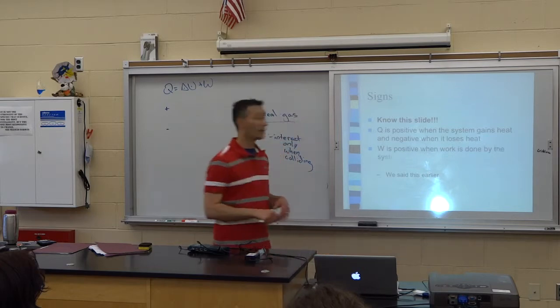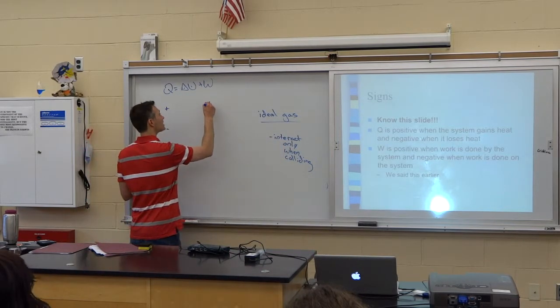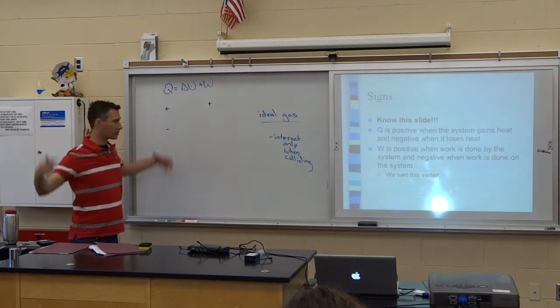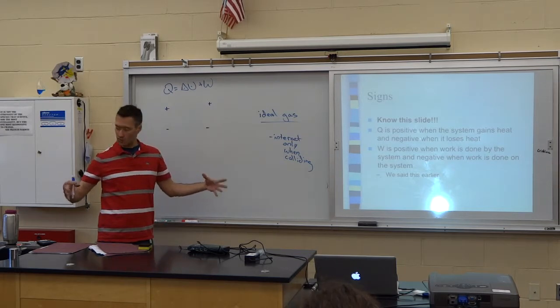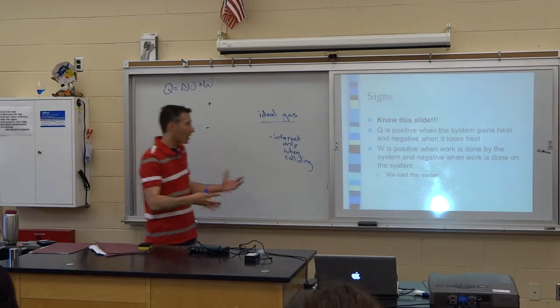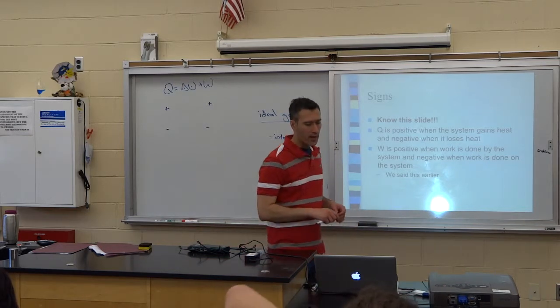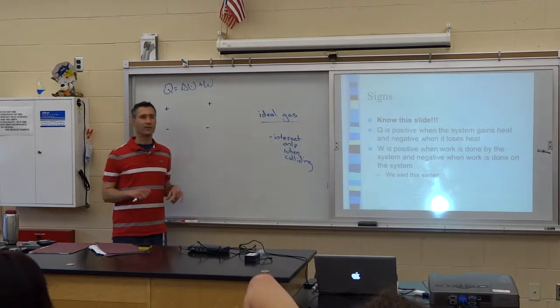Work we already dealt with earlier. Work is positive if the system is doing work to the surroundings, so if the system expands. And work is negative if the surroundings do work to the system and the system contracts. We said all of that earlier. Any follow-up questions about work being positive or negative?